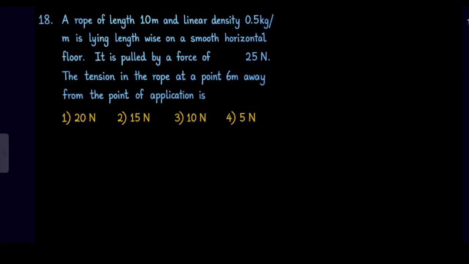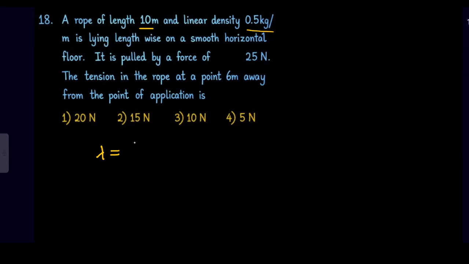Okay. Now, this type of problem we have seen. Yeah, look at now here. They given the length of this rope as how much now? 10 meters. And the density is how much now? Density we denote as mass density, linear mass density, lambda.